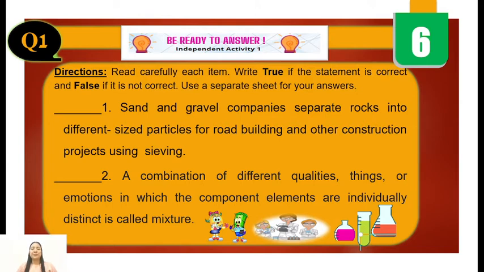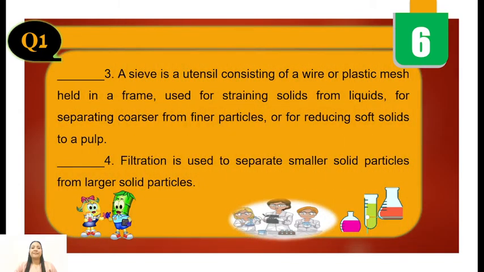Number 2. A combination of different qualities, things, or emotions in which the component elements are individually distinct is called mixture. Number 3.